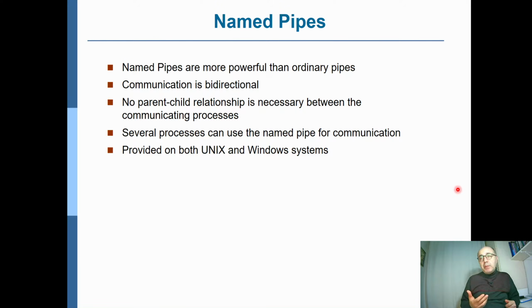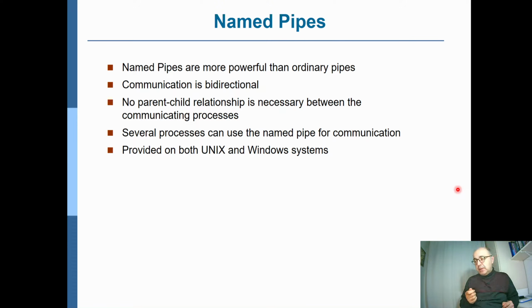A named pipe is just like a regular pipe. Actually, it looks very similar to a regular pipe. So it's a file in the file system, but the difference is that a named pipe is a FIFO system, first in, first out system.